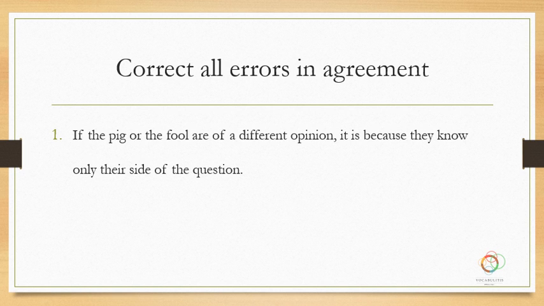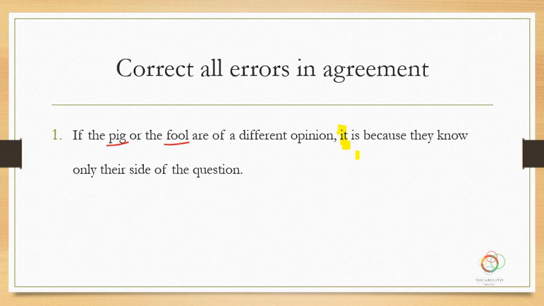If the pig or the fool are of a different opinion, it is because they know only their side of the question. Okay, so it's an either-or situation here. You've got an or. Subject is pig or fool. As far as pronouns go, this it here is not really a pronoun per se.